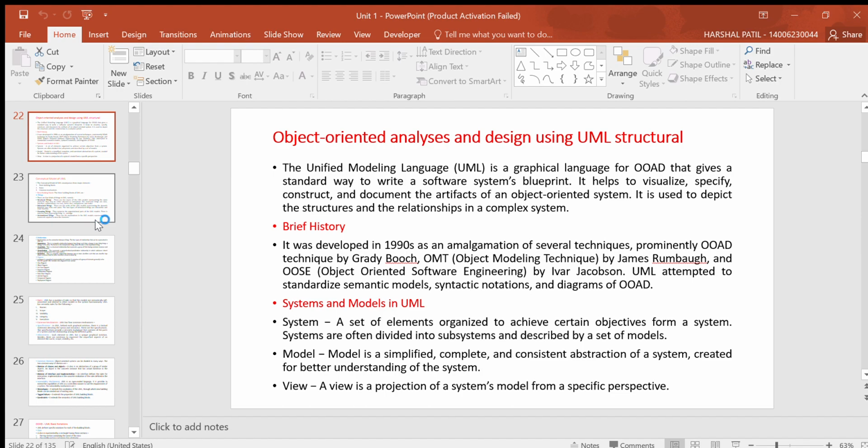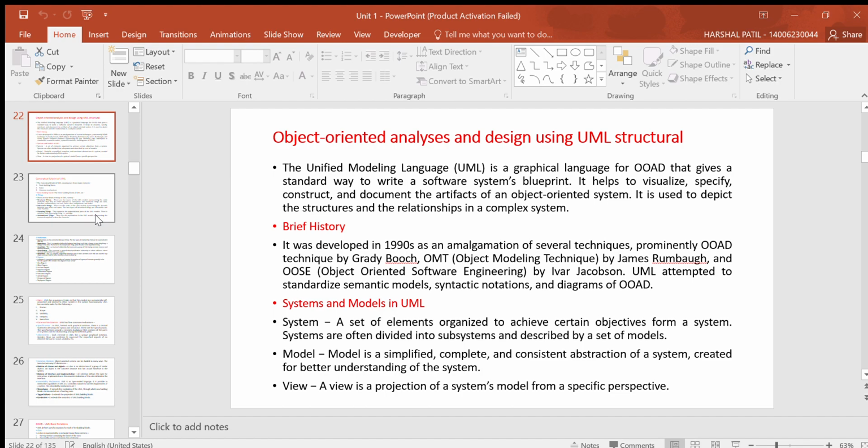It was developed in 1990. It is an amalgamation of several techniques. The promoting OOAD techniques are the Grady Booch OOAD, the object modeling technique by James Rumbaugh, and OOSE, object oriented software engineering by Ivar Jacobson.